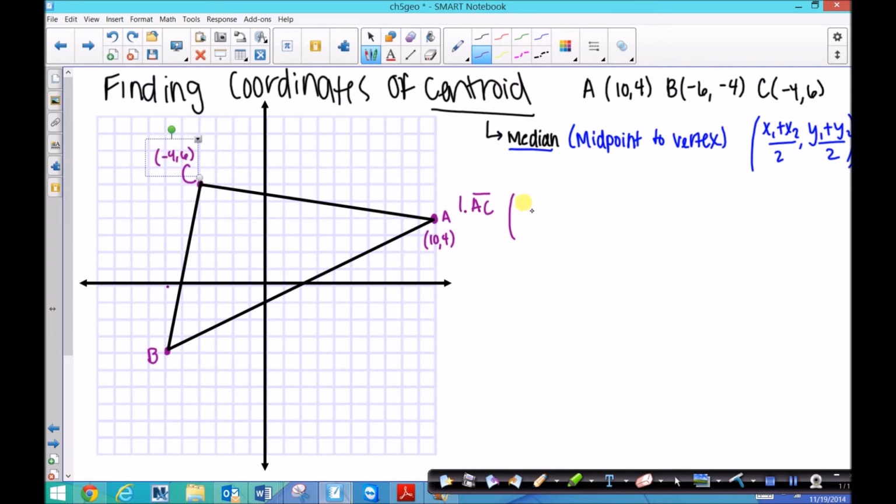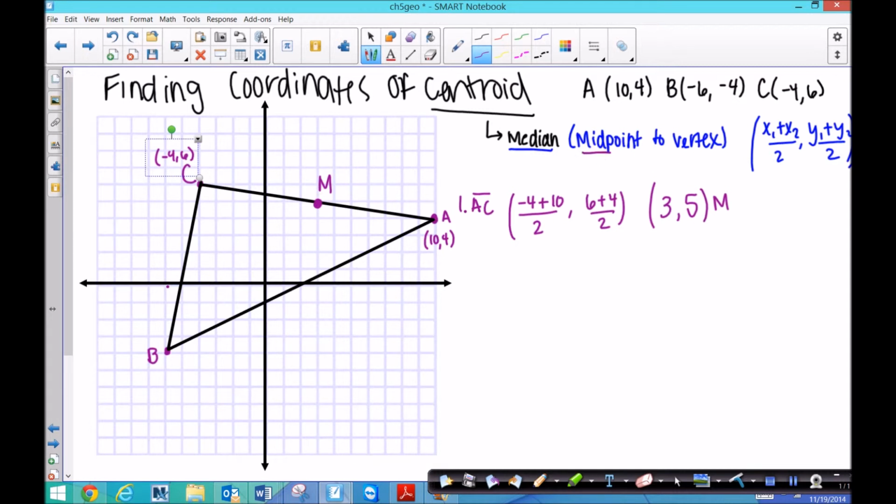So to find the average x value, we're simply going to take -4 and 10, add them and divide by 2, and similarly 6 and 4, and divide them by 2. So our midpoint for AC is going to be 6 over 2, which is 3, and 10 over 2, which is 5. So we're going to go to the point 3, 5, plot it. We can call that point M for midpoint.